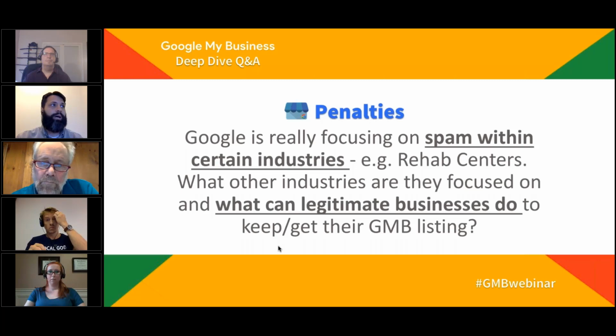So that's why they focus on certain industries, because they can do industry-specific verification methods, whether it's looking at a locksmith association to understand if it's a real locksmith that's registered, or doing some other specific industry things to take down listings in a mass way. That said, they're always looking at spam that's reported across the index, but that's why they look at certain industries.